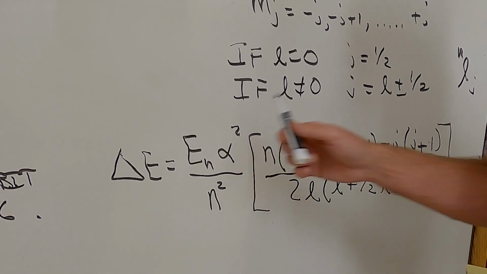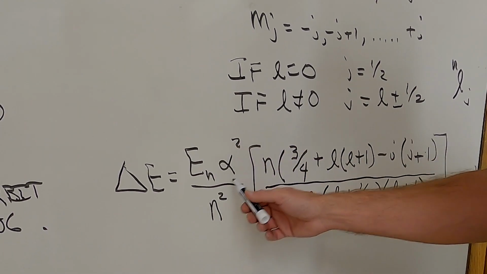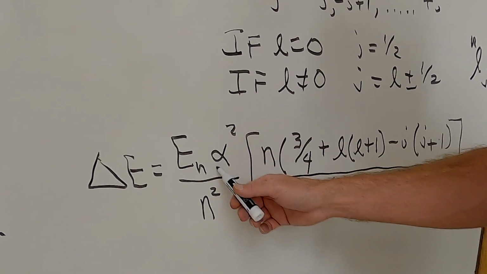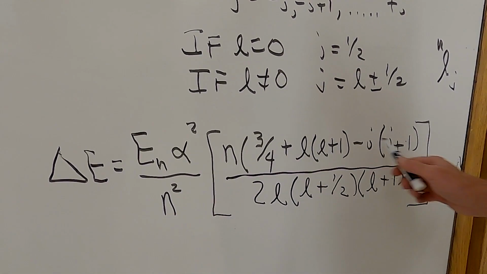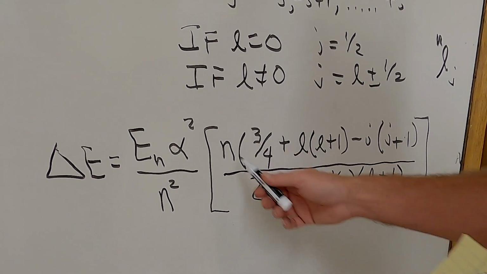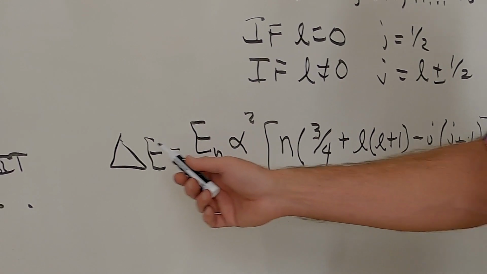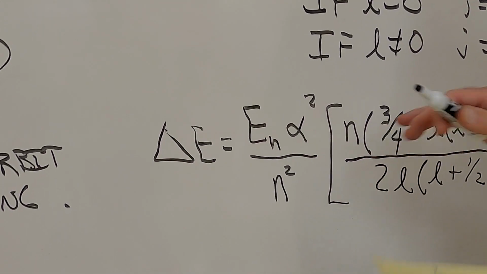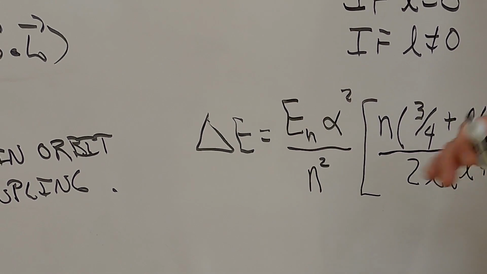Remember, alpha is 1 over 137, so this is 1 over 137 squared. The rest of these factors are pretty close to just 1 or 2. That's why this effect is about 10,000 times smaller than the Bohr levels.